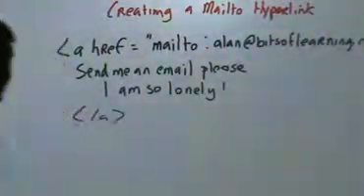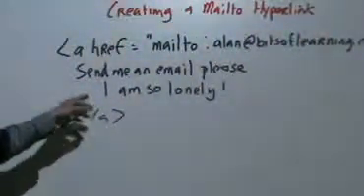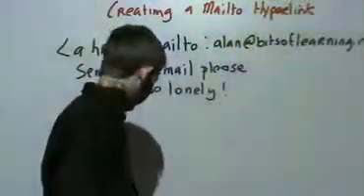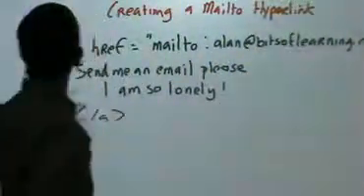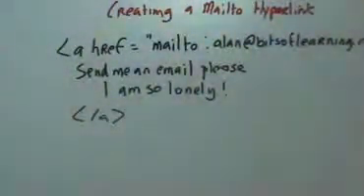Then some text like that. The text will become the hyperlink, and when you click the text, Outlook Express will open with that email address entered in the To box. So we just finish up with that.